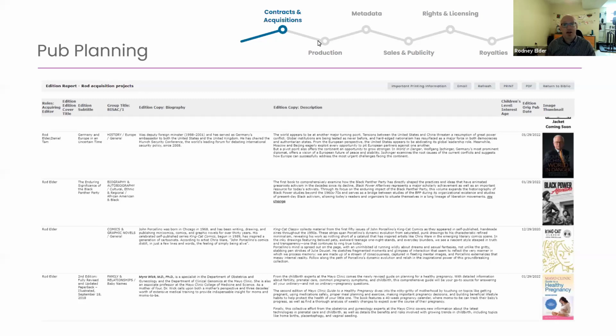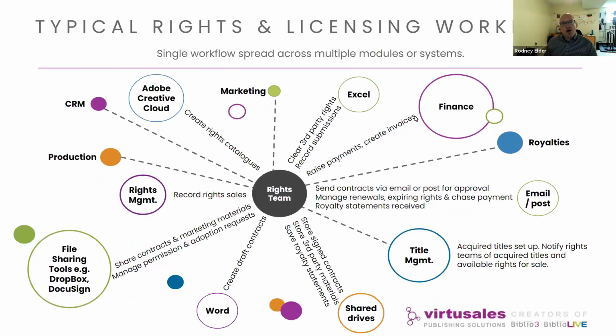What's the book about? Again, we're building this list up. So as you add information to the system, sales and publicity can start to run reports to say, what have we acquired? What have we got coming up? What can we work with? So that's an example of an acquisitions workflow.